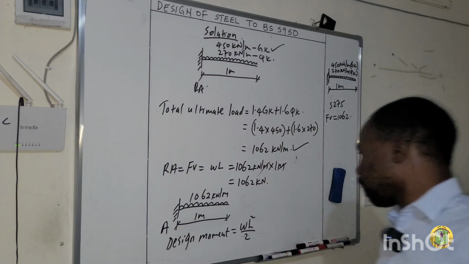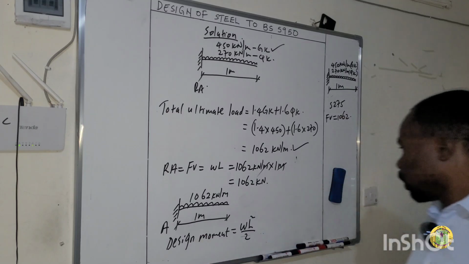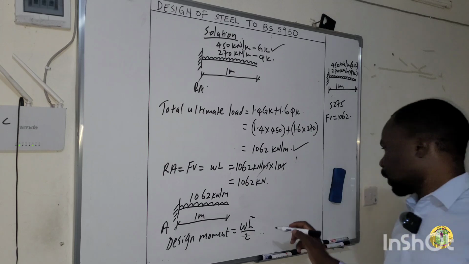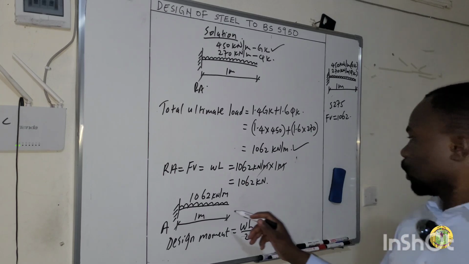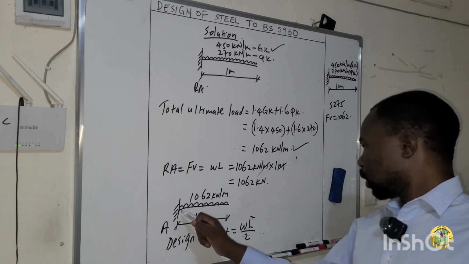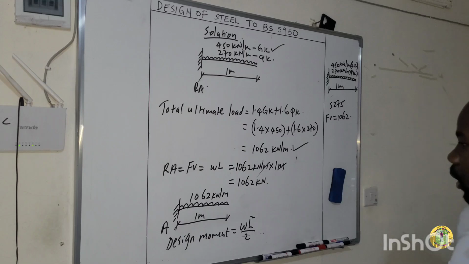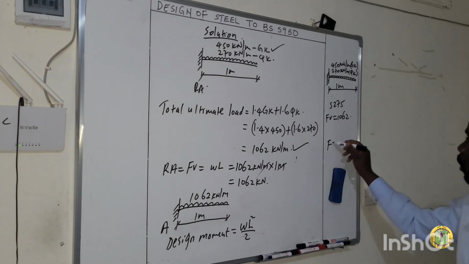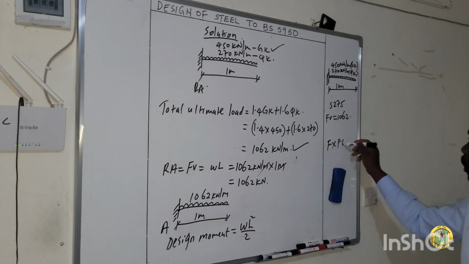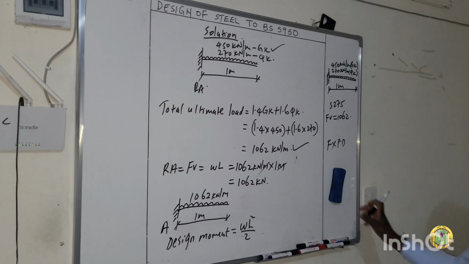So this is support A, and you know the basic formula for moment is force times perpendicular distance. So if we have to determine the maximum bending moment at this point, it will be force times perpendicular distance. Because this is a UDL, you first change it to a point load.